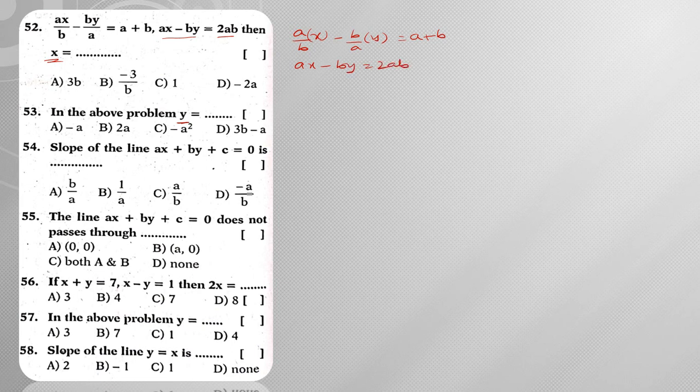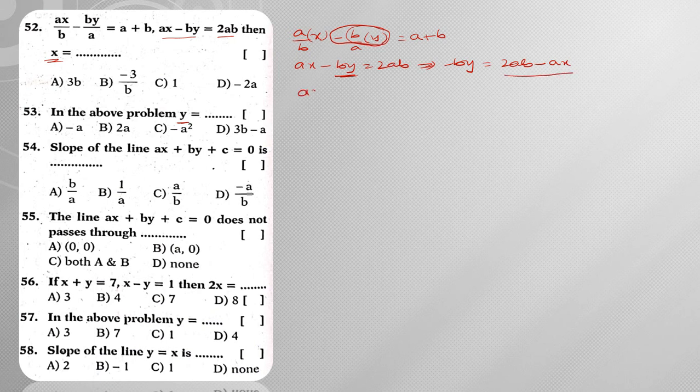Now from this, since I need the value of x, I can replace minus by with, from this I can write, minus by is equal to 2ab minus ax. So in this equation replace minus by with 2ab minus ax.